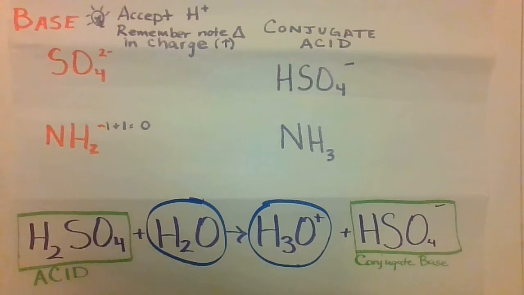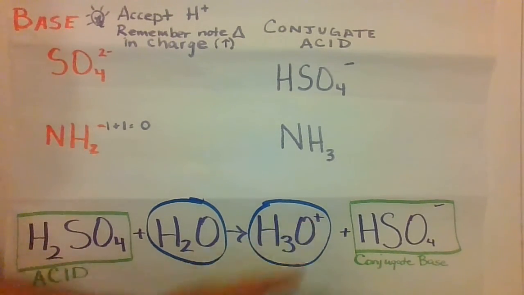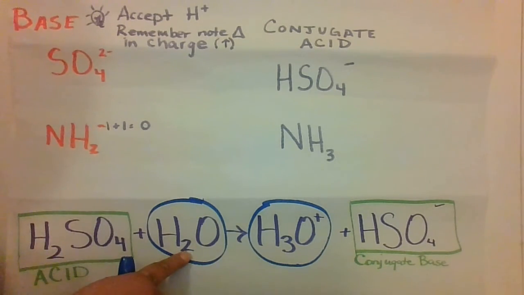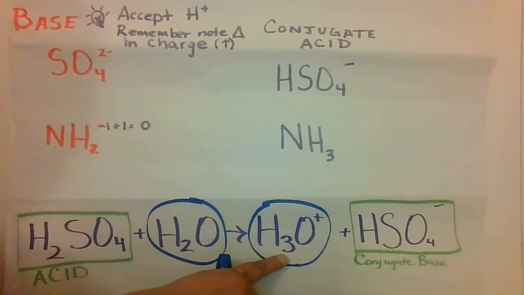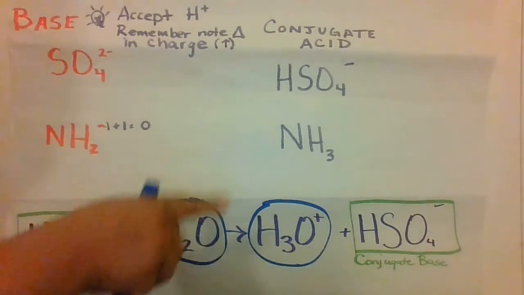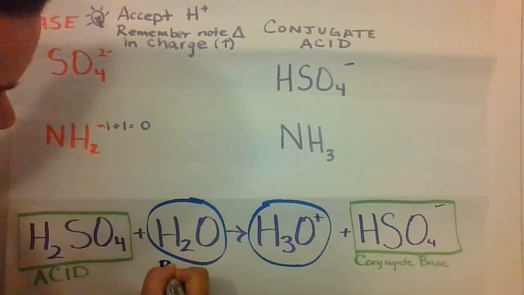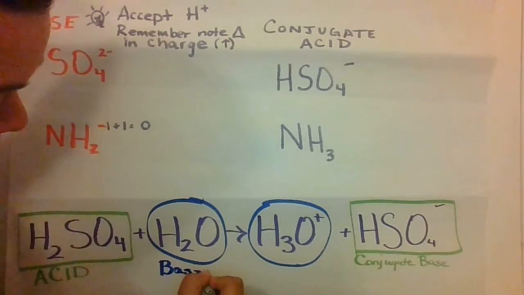So if we look at H2O, it then becomes H3O plus. Did it accept or donate a hydrogen? For those of you that said it accepted, you are absolutely correct because we increased from 2 hydrogens to 3. Our first compound gave away a hydrogen, so we know that H2O is going to be my base.